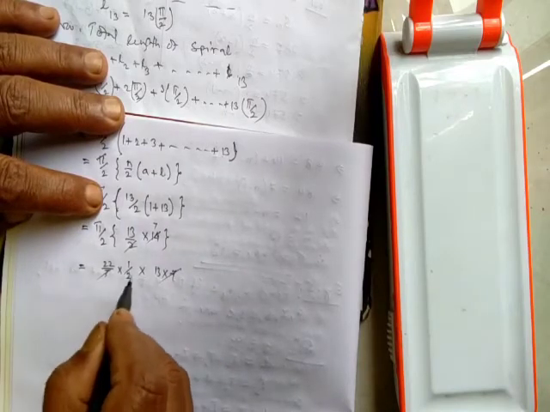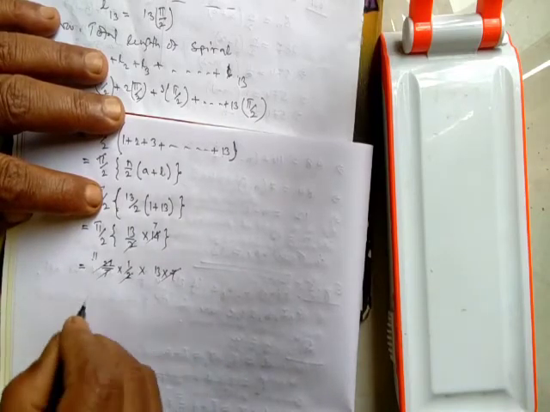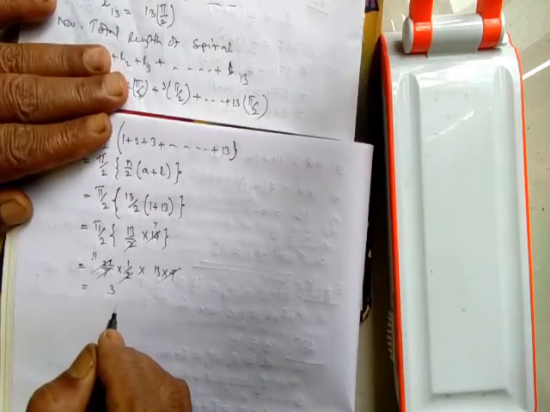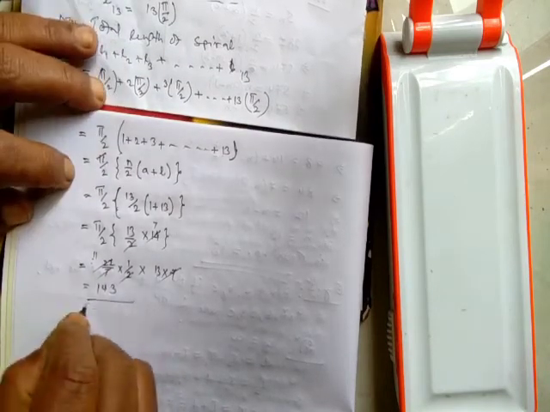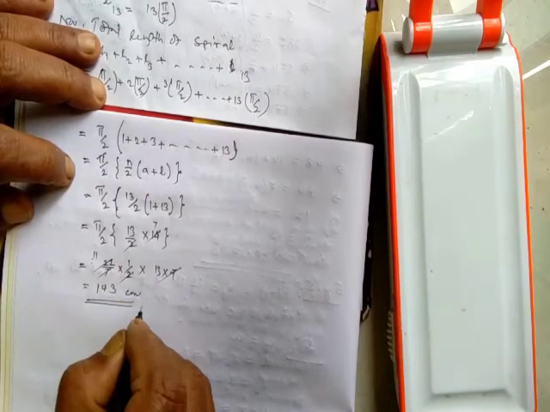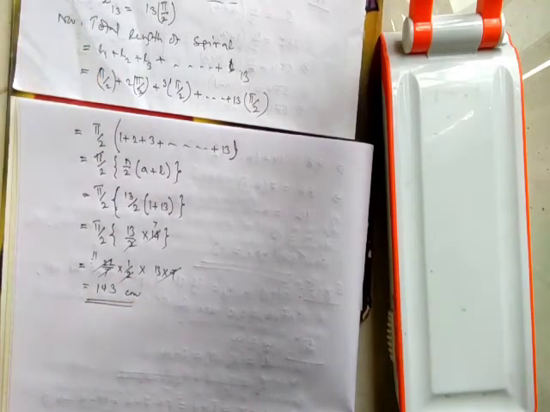These two 7s cancel. This is 11 into 13 times 7 is 91; 11 threes are 33, balance 3; 11 ones are 11 plus 3 is 14. So 91 times 11 is 1001, and this is the length of the spiral.